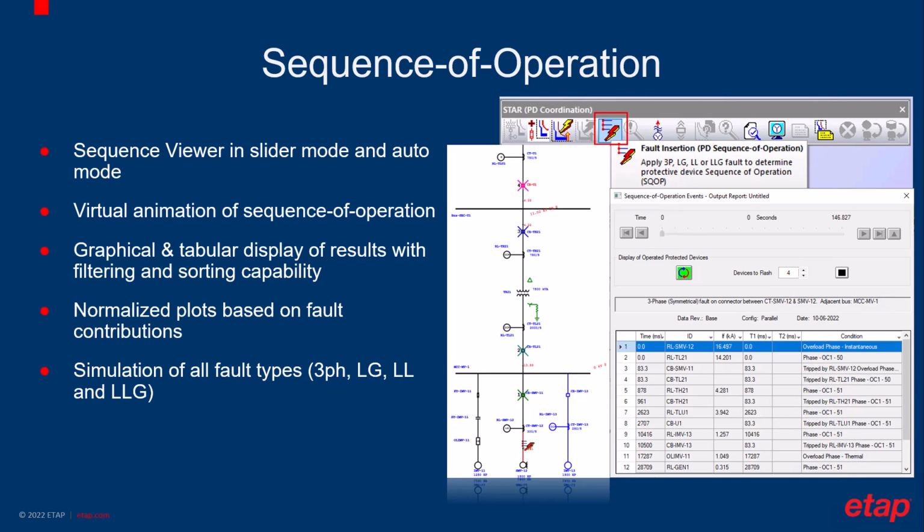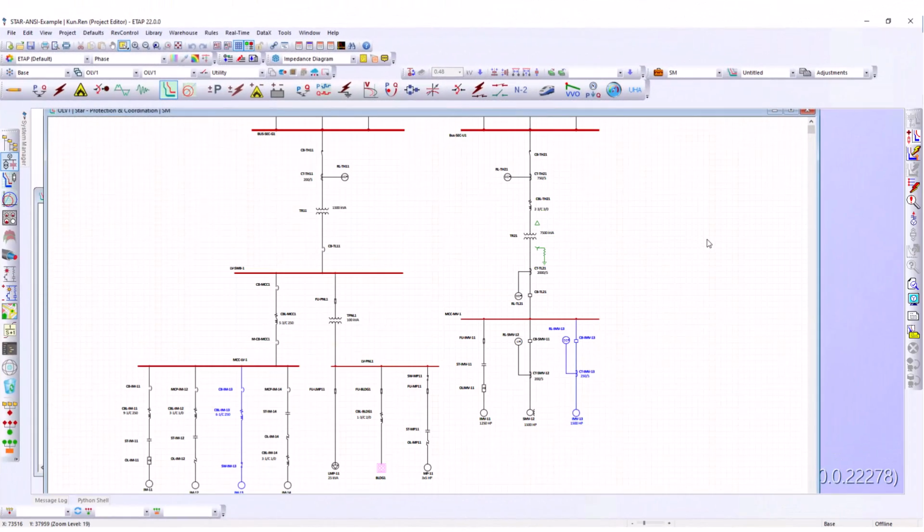In ETAP 22, we added the slider mode, which allows us to focus on one or multiple events that we are interested in. Now let's take a look. We have the sequence of operation tool available in star mode located on the right side toolbar. So it's called fault insertion.